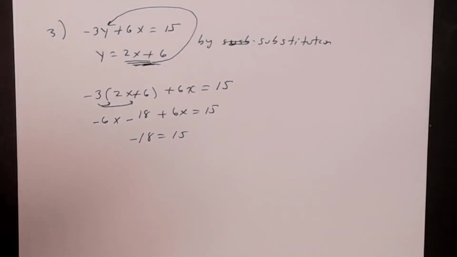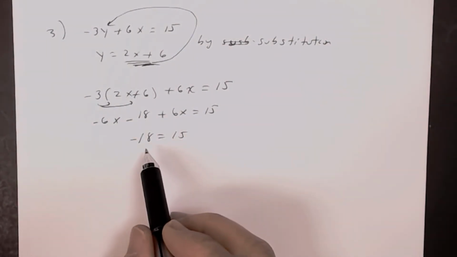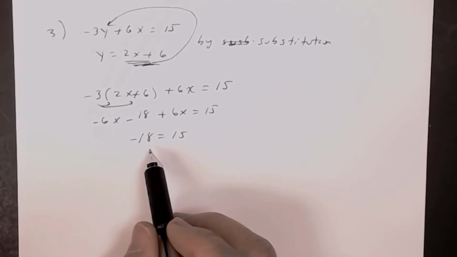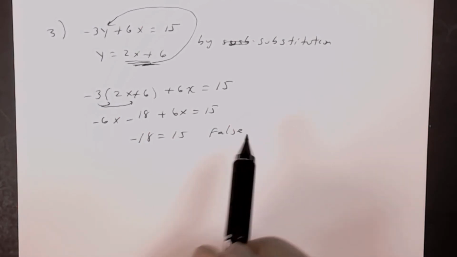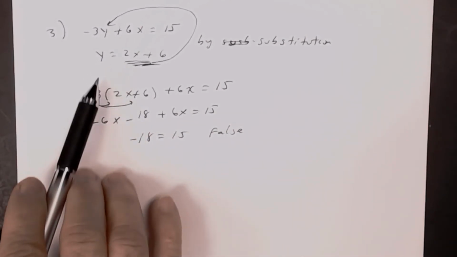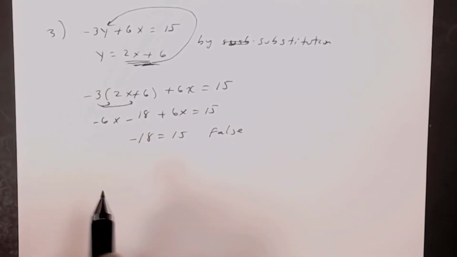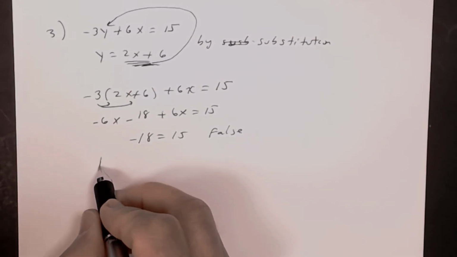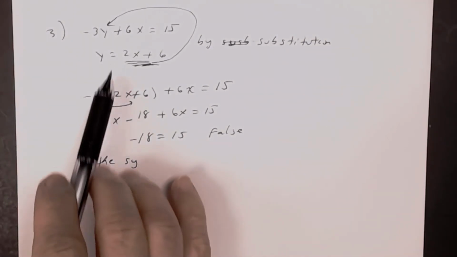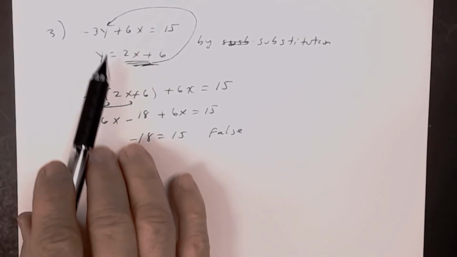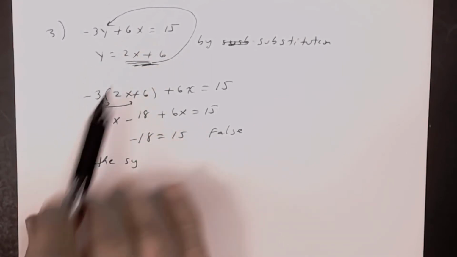So remember when you solved linear equations in the past, if the variable disappears, you have to look at the statement that you have left. Notice that negative 18 equal 15 is a false statement. So what that means is that this system has no solution. So no ordered pair is going to make each equation true at the same time.